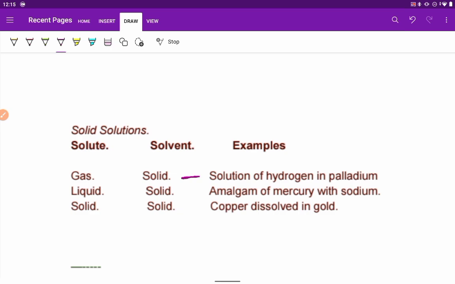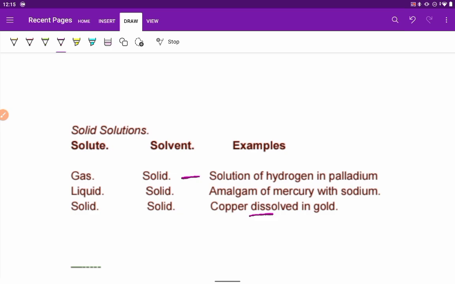So the solvent is palladium, a solid, and hydrogen is the gas. If the solute is liquid but the solvent is solid, as in case of amalgam of mercury with sodium. When both are solid, solute is a solid, solvent is also a solid, as we find in copper dissolved in gold.